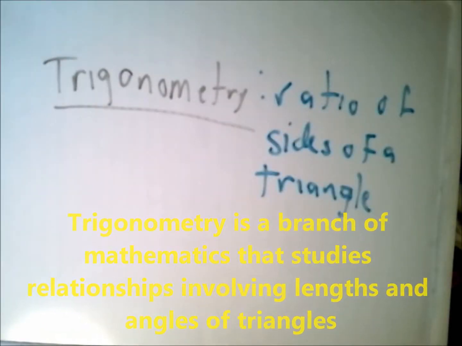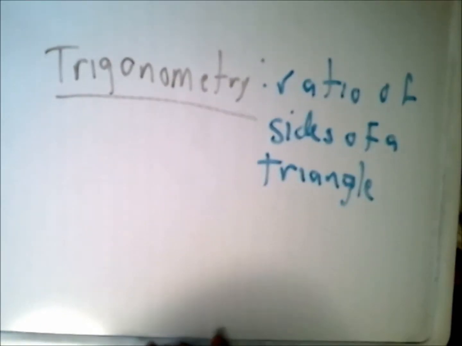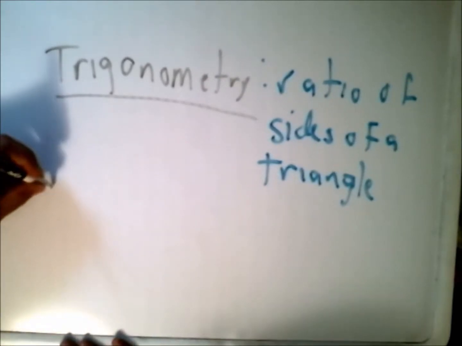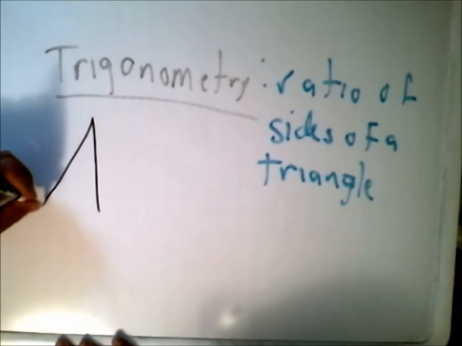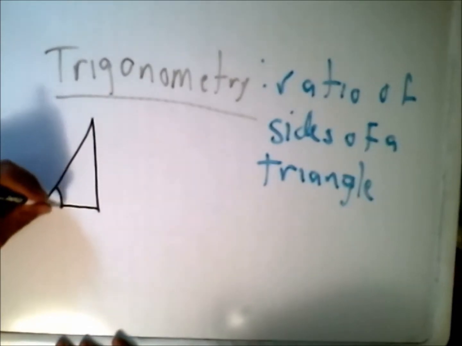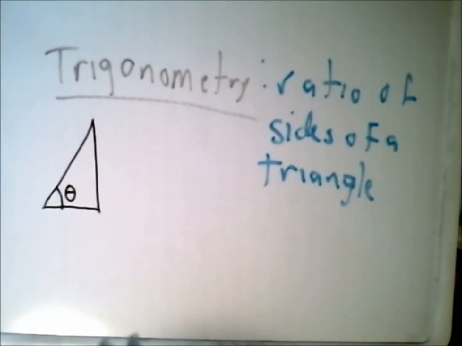So with trigonometry, we draw a triangle. And when we draw the triangle, again, it's going to be a right triangle. And I'll always have my angle touching the x-axis.